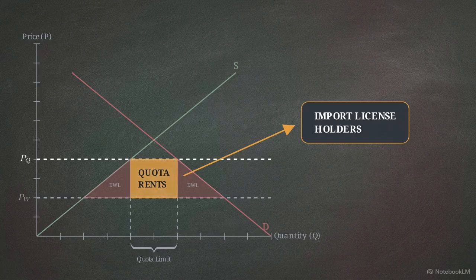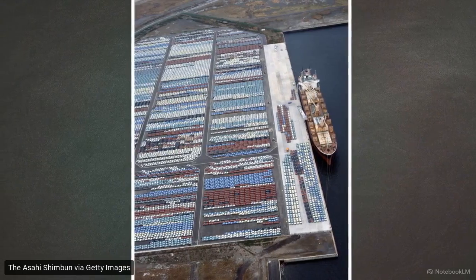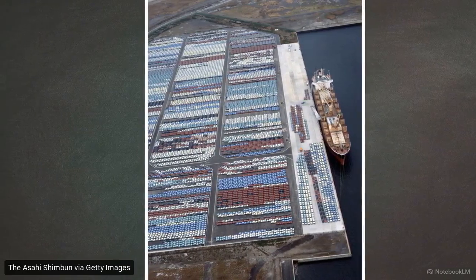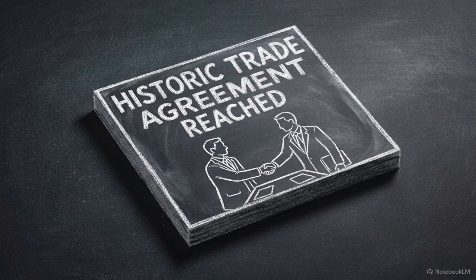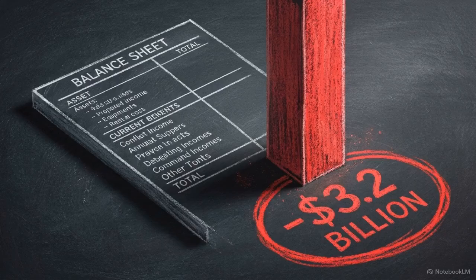A voluntary export restraint, or VER, is a variation of the quota administered from the exporting country's side. This was seen when Japan agreed to limit their auto exports to the United States in the 1980s. The primary cost of a VER is that because the exporting country administers the limit, the quota rents are extracted by foreign competitors, ensuring a net loss for the importing nation.